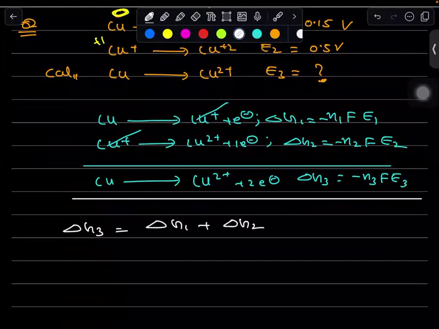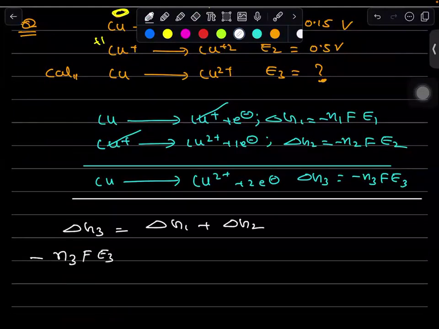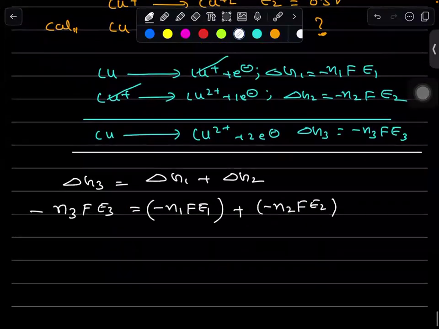Del G3 value is minus N3 F E3, del G1 value is minus N1 F E1, plus del G2 value is minus N2 F E2. However, minus F gets cancelled. We will have N3 E3 equal to N1 E1 plus N2 E2, right? Now from here, what is the value for N3, the number of electrons involved in the third equation?